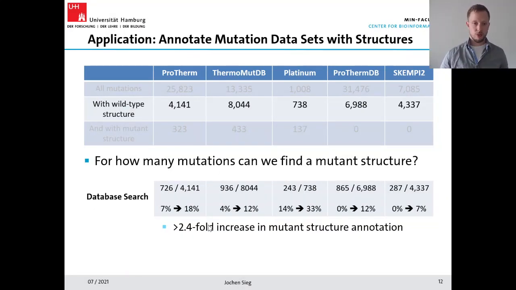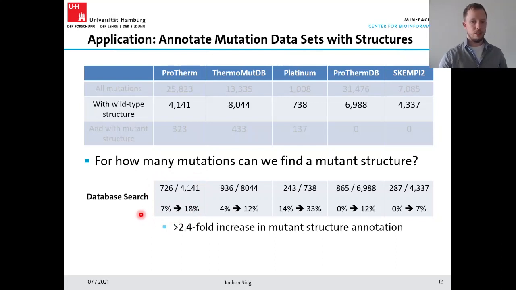We want to use our tool to annotate the mutations with known wild-type structures in the 5 mutation datasets with mutant structures from the PDB, such that in the end, they have both a protein structure for the wild type and for the mutant. The results of this experiment are shown here for the protein dataset, for example.